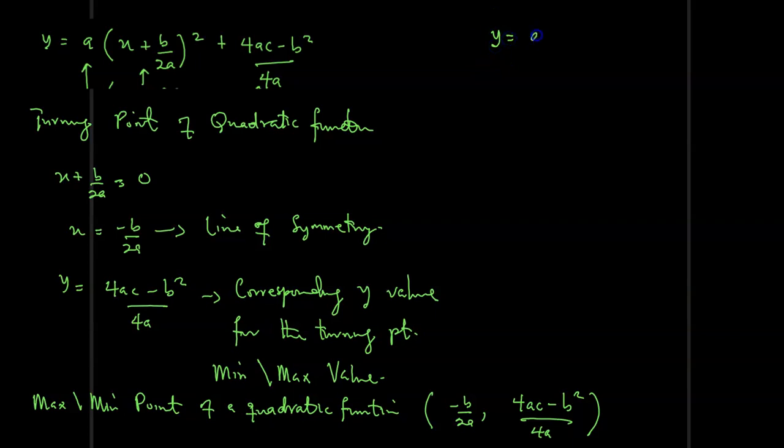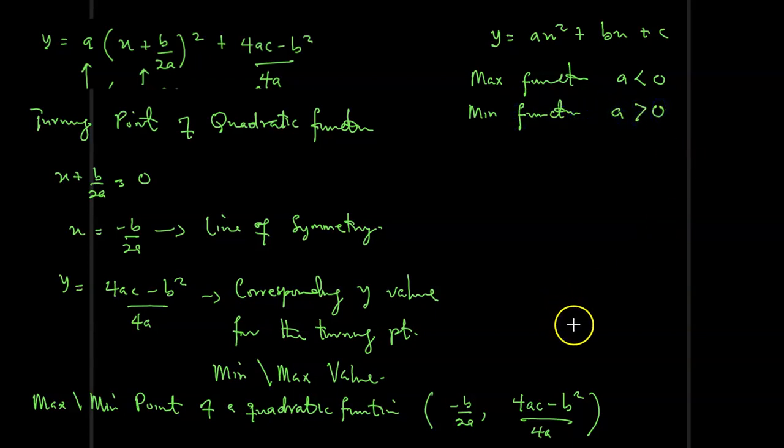When it is maximum, we learned early on that if you have the quadratic function as y equal to ax squared plus bx plus c, if it is a maximum function, then a is less than 0. If it is a minimum function, then a is greater than 0.